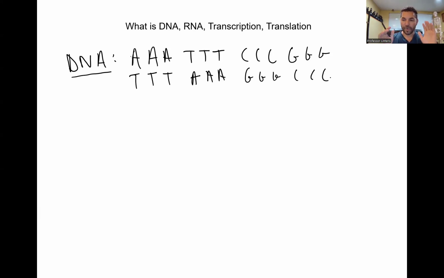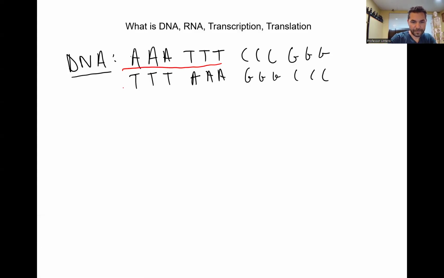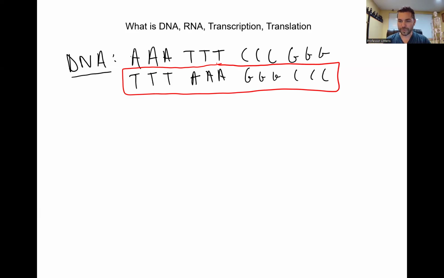Now, I'm going to tell you that this is the strand that we're going to transcribe. Cool. So what do we do? In order to transcribe this, we are going to have to turn it into an RNA, right?